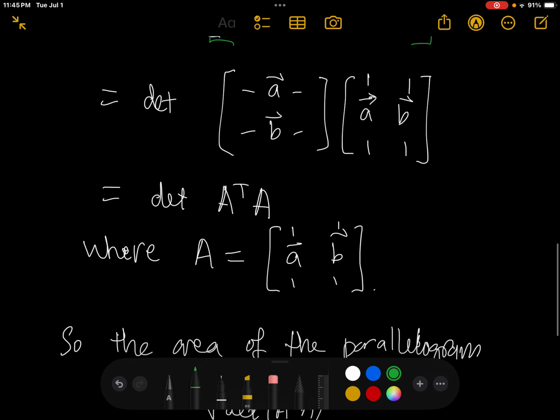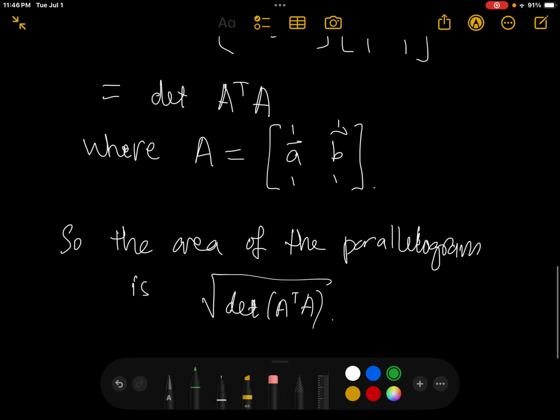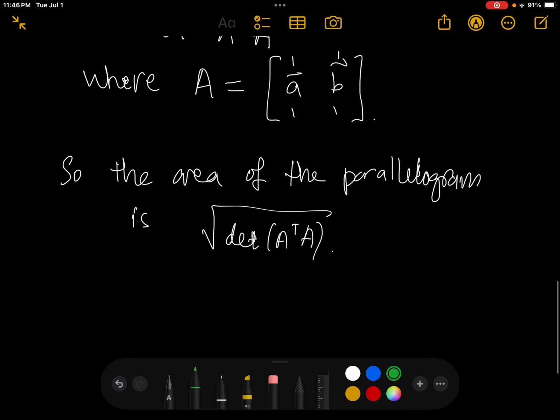Well, if you define A to be the matrix whose columns are a and b, that's just A transpose times A. And so what we found is that this starred quantity is the same as the determinant of A transpose A. And so the area of the parallelogram is the square root of the determinant of A transpose A. So that is another way of expressing the area of the parallelogram.